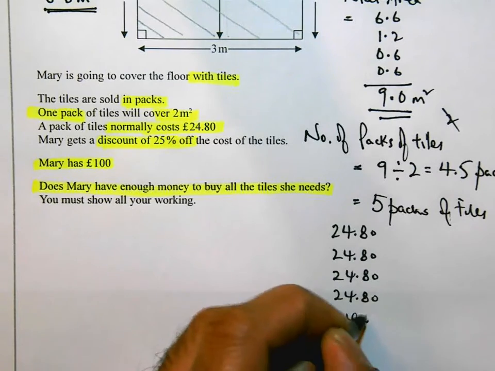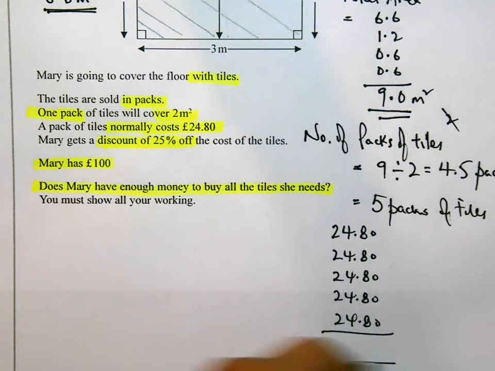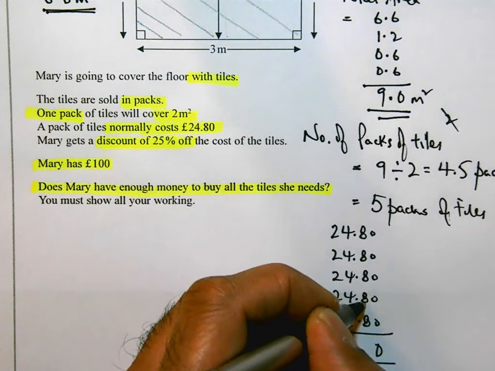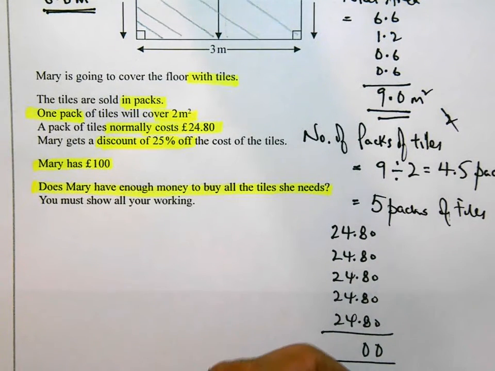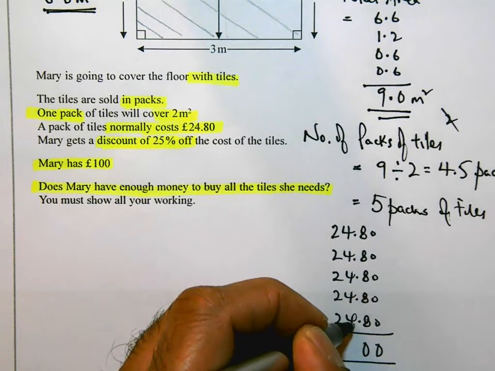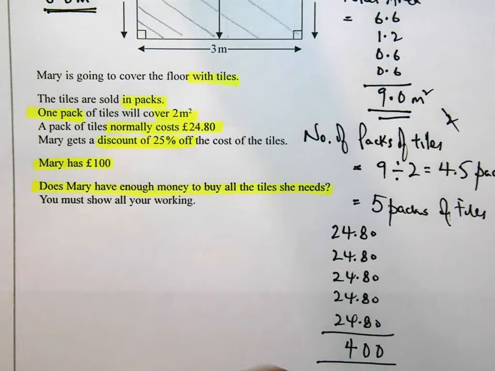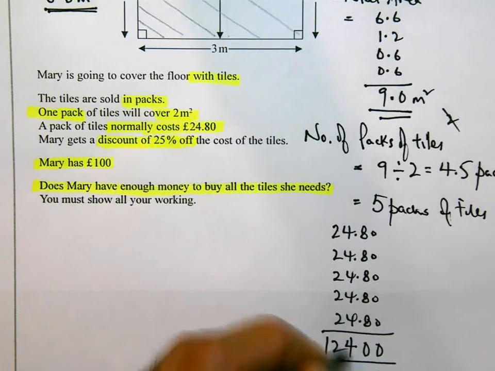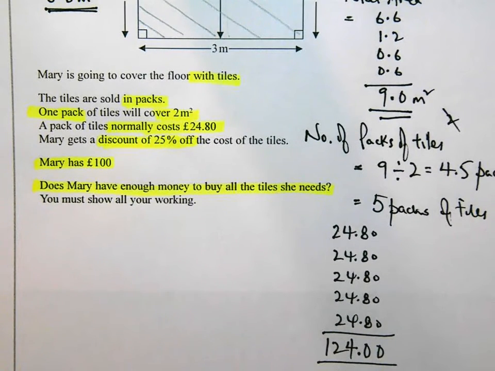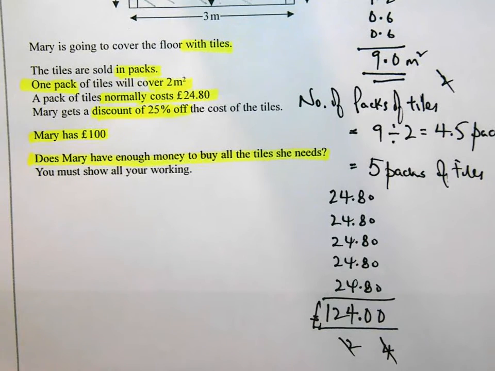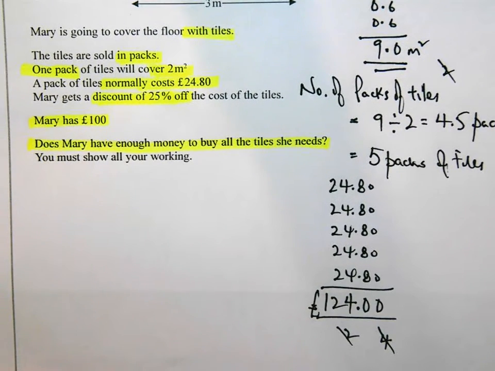So that's 5 of them. 8, 16, 24, 32, 40. 4, 8, 12, 16, 20, 24. 2, 4, 6, 8, 10, 11, 12. And put the decimal point back in. So all the tiles together are going to cost £124. £124 is going to be the total cost of all the tiles.